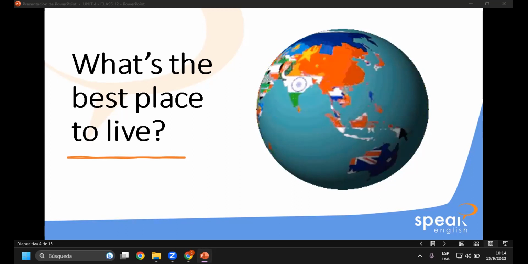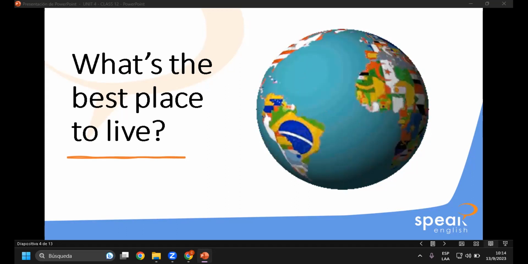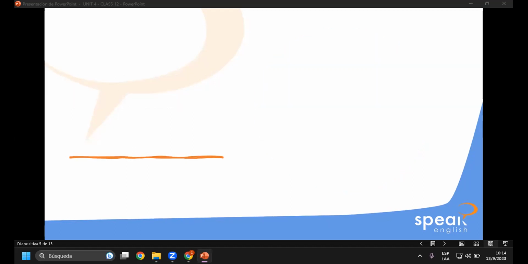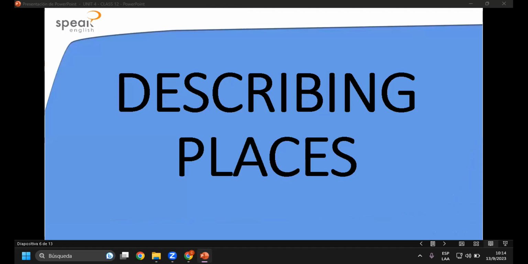And basically that is something that we are going to be talking about, the best place to live. And again, when we are talking about places, we need to describe places using different adjectives. Yesterday, we checked some of the most common adjectives.